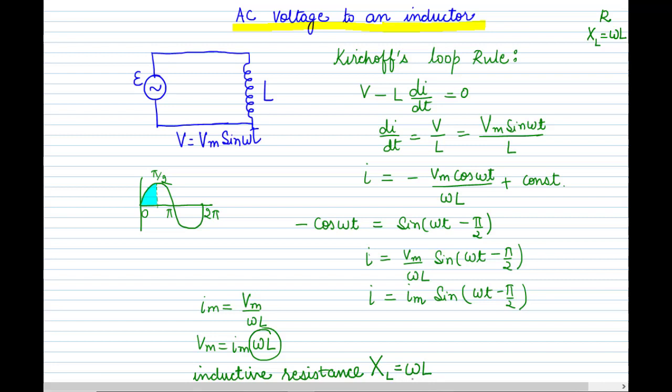So here we have inductive resistance XL is equal to omega L. And the unit is again ohm, because this is a resistance, so the unit is always ohm. If you want to calculate Im from this equation, the current is equal to Vm upon XL, the same as with resistance R.